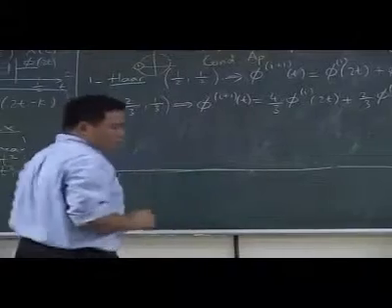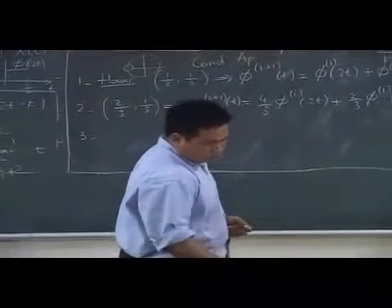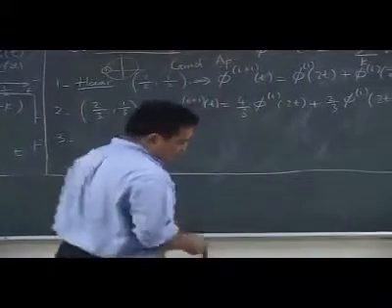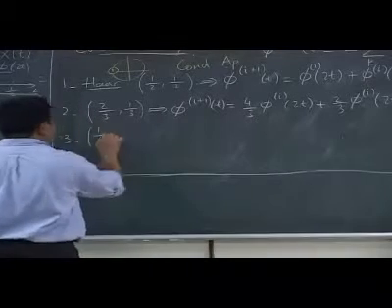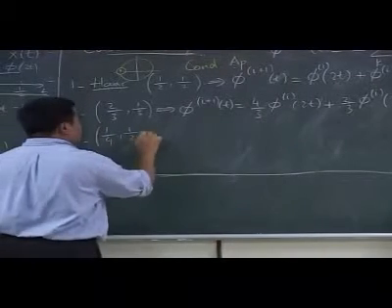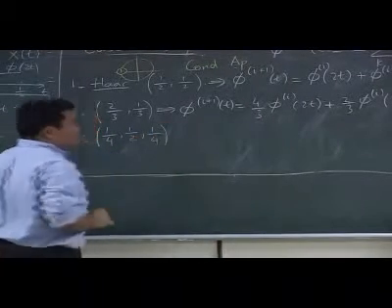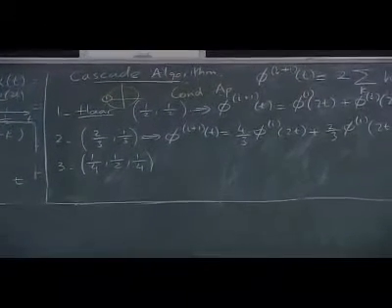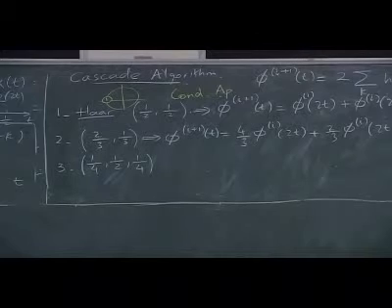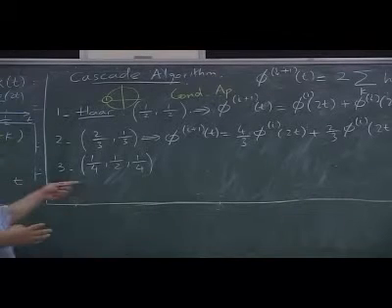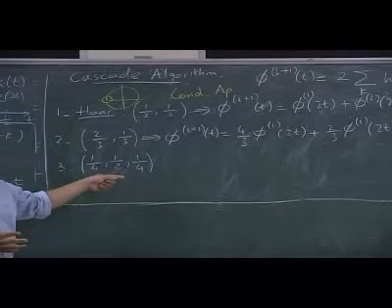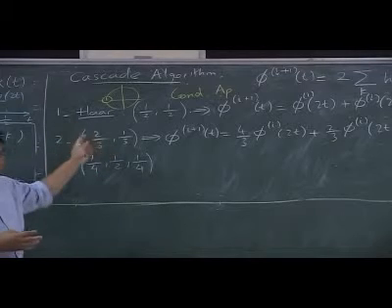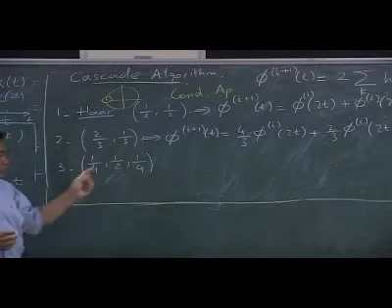Next example. One quarter, 1/2, 1/4. So this is my coefficient x naught, okay? So far we discussed 2 types, right? Solution, now we have 3 types.